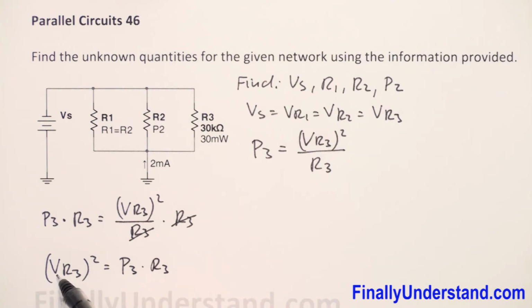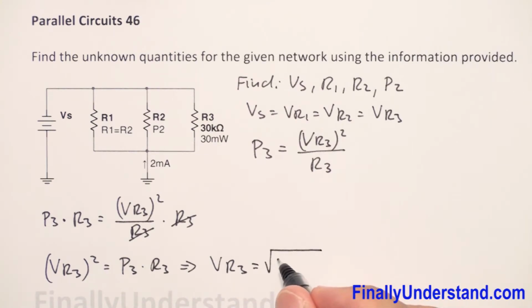But I'm not looking for voltage squared, I'm looking just for voltage. So in order to find V, I'm going to take the square root of both sides of my equation.